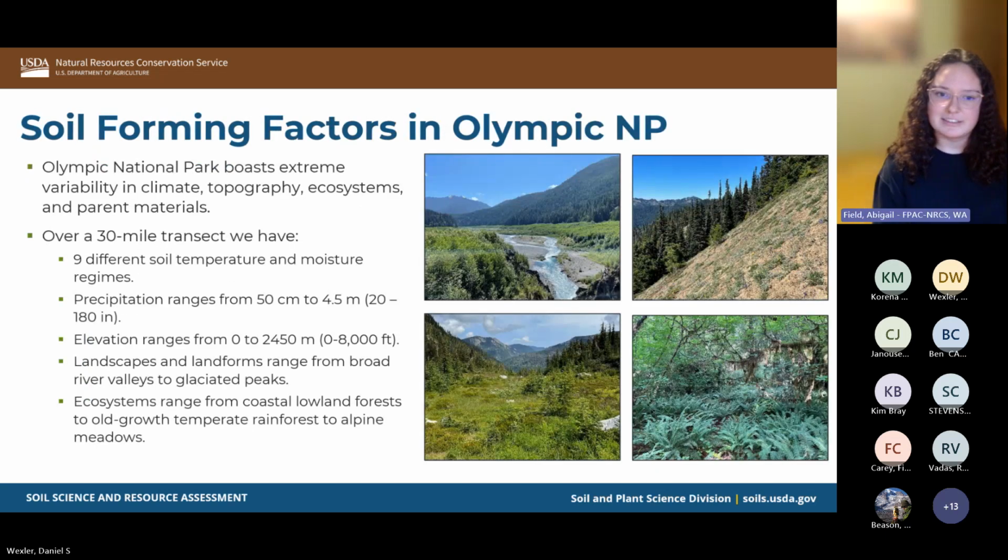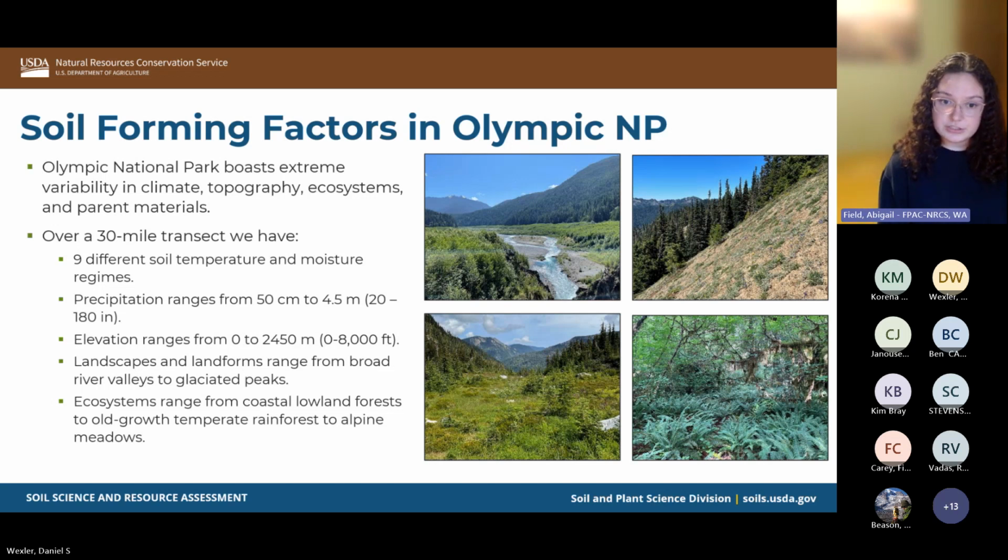So soil forming factors in Olympic National Park. As many of you know, Olympic is one of the most variable places in the world. Over the 30-mile transect of the interior unit, so not the coastal unit, we have 9 different soil and temperature regimes, with precipitation ranges from 50 centimeters to 4.5 meters. So a wide variability, especially if you consider the rain shadow of the eastern side of the Olympics.